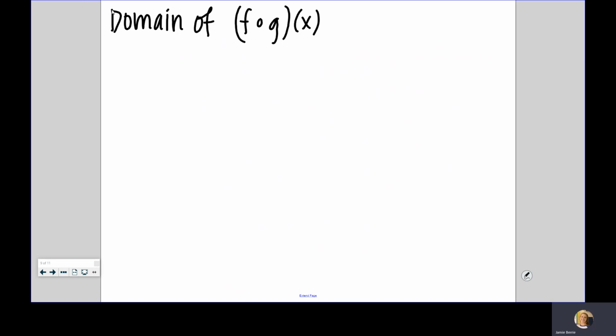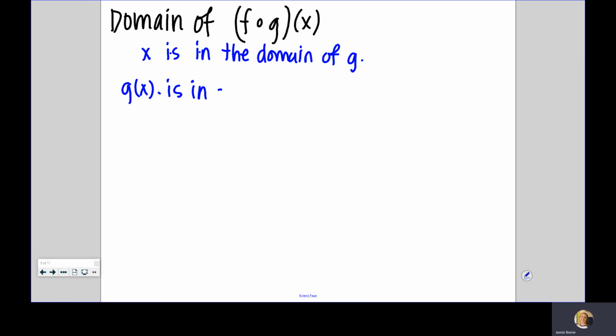So remember what that rule said. It said x is in the domain of g, but g of x is in the domain of f.